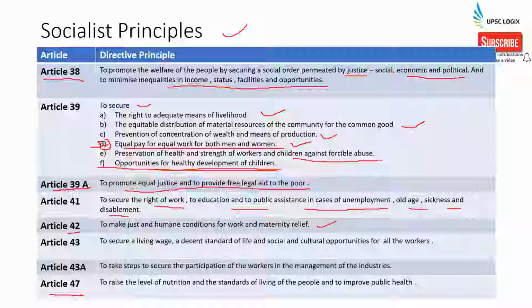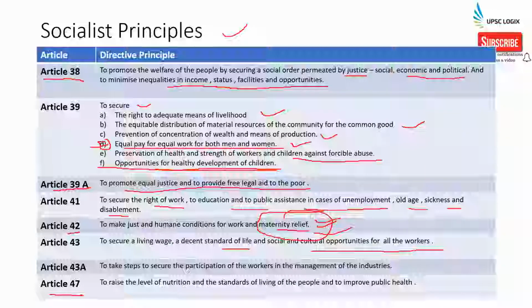So, as we all know, a law has been passed in regards to maternity relief, and there's a particular video that I've made on the passing of the law on maternity relief, so please check that. Article 43 tells us to secure a living wage, a decent standard of life, and social and cultural opportunities to all the workers.